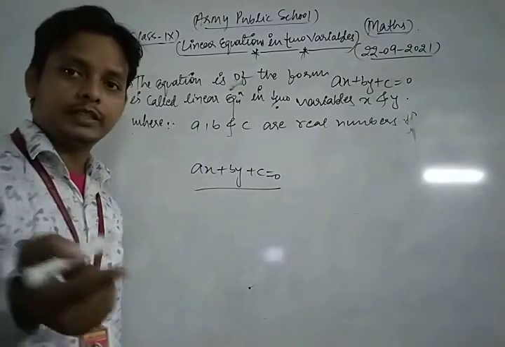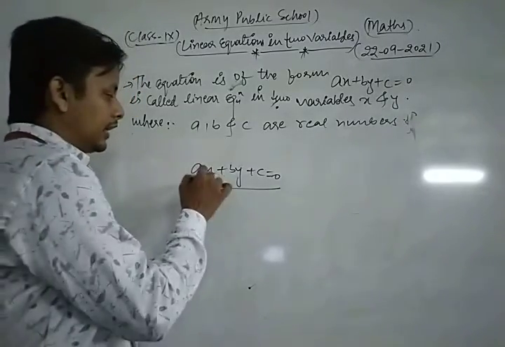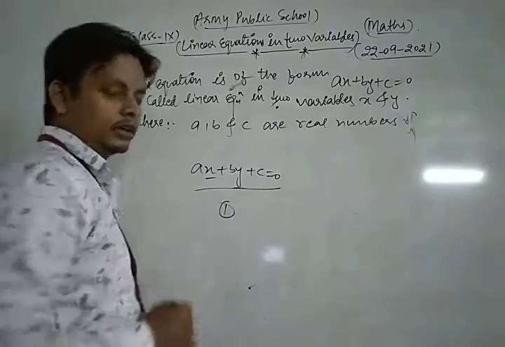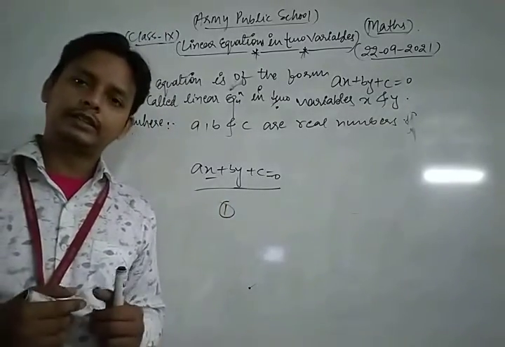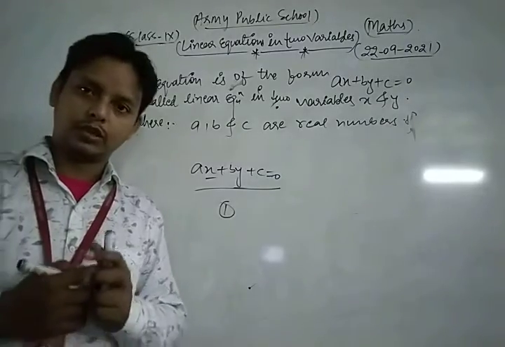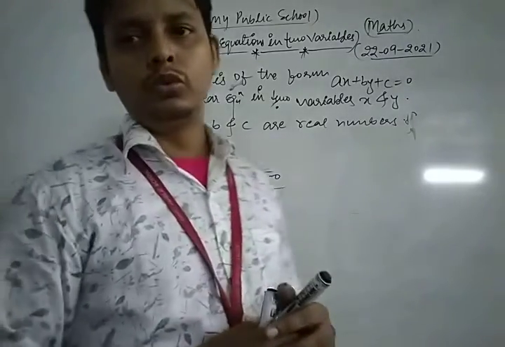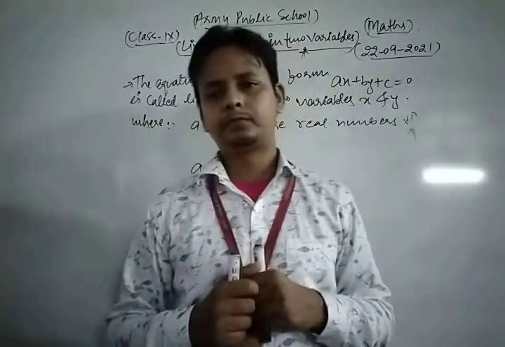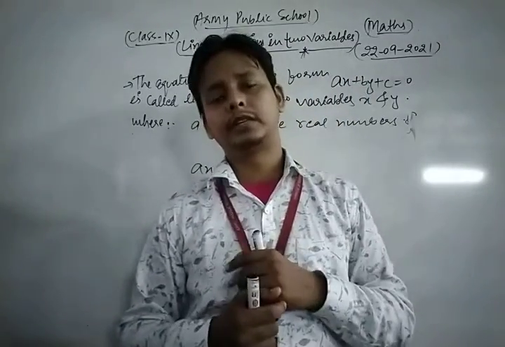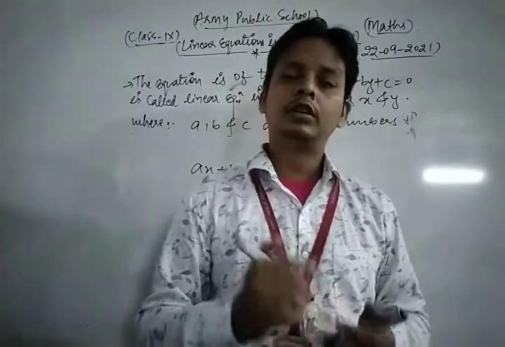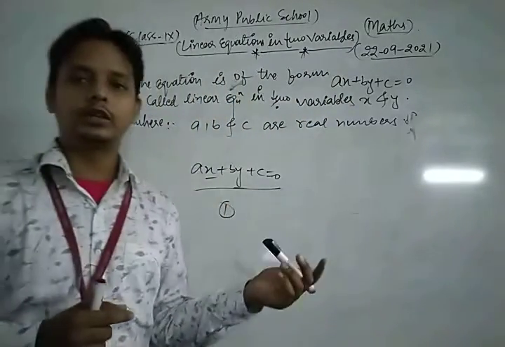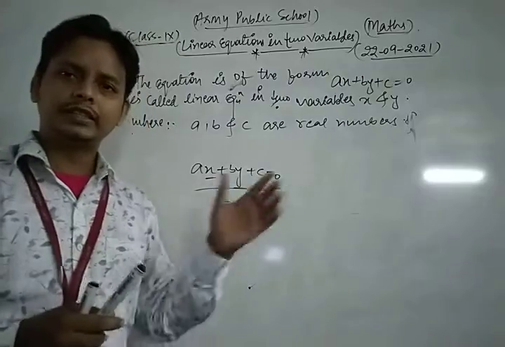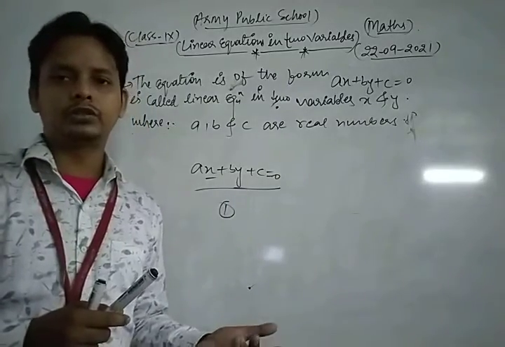It is said to be linear because the highest power of the variable is 1. If the highest power of the variable is 2, it is said to be quadratic. If the highest power is 3, it is said to be cubic, and if the highest power is 4, it is said to be biquadratic. In this way, these are some types of equations.